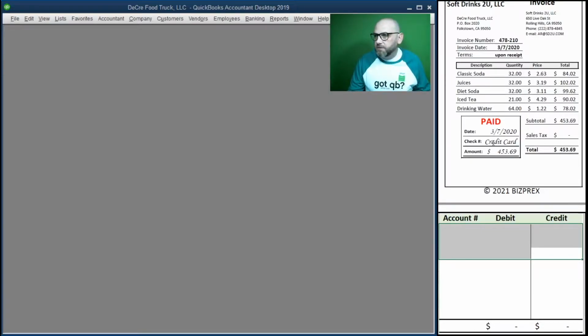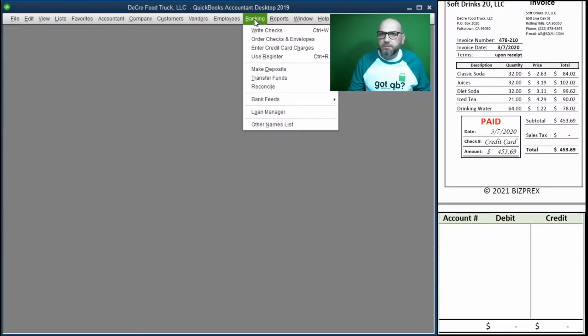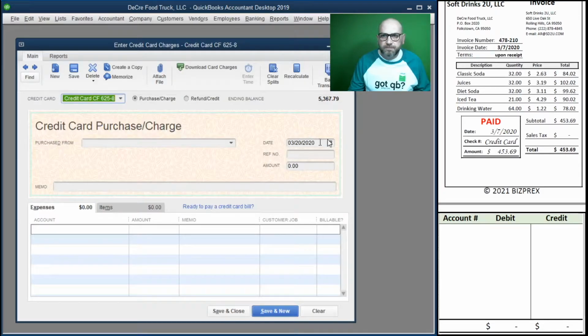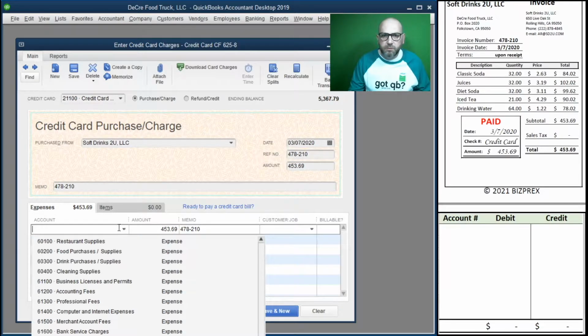Okay, this one was paid with a credit card. Okay, we're going to continue using our invoice number as our reference number.